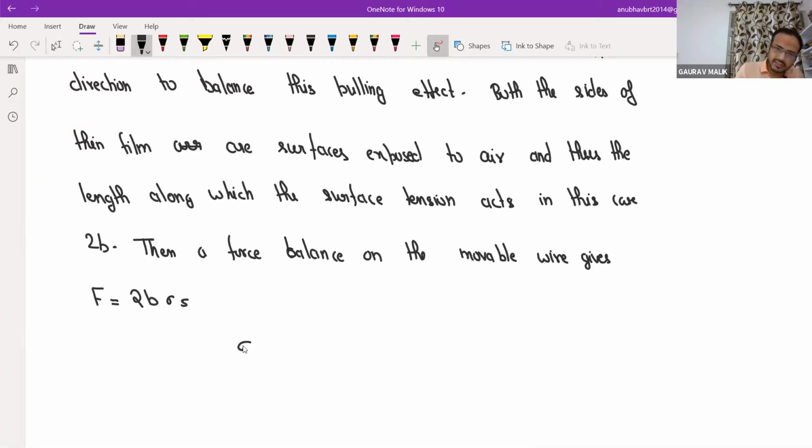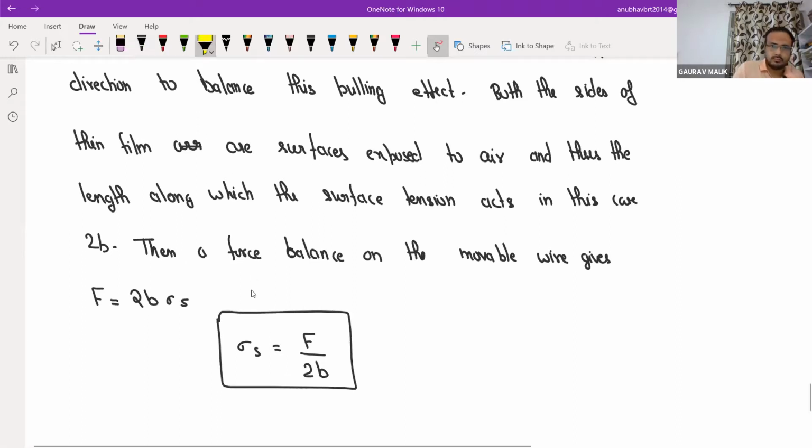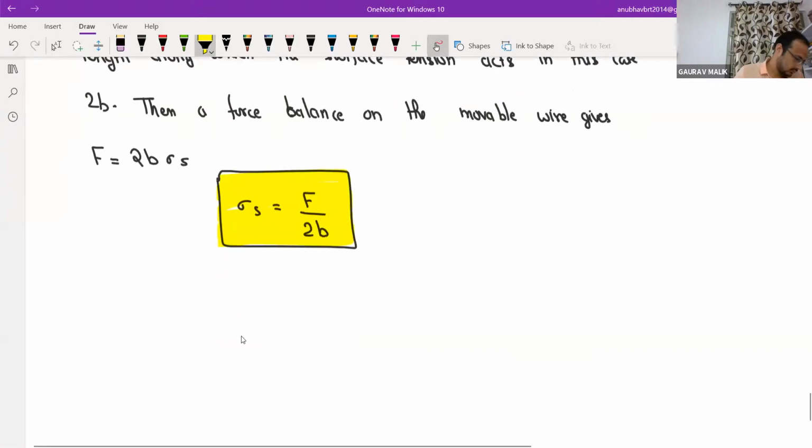So the surface tension force is expressed as F of S is equal to 2B sigma s. I hope this step should be clear.